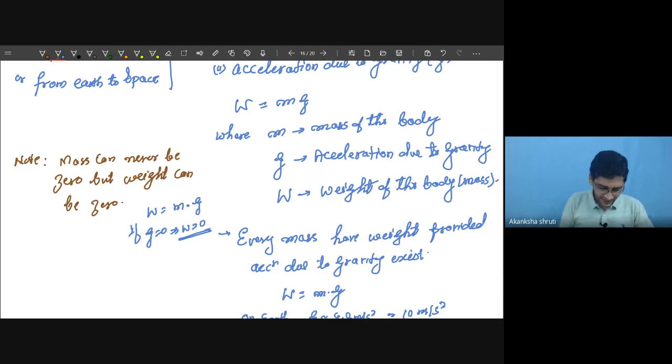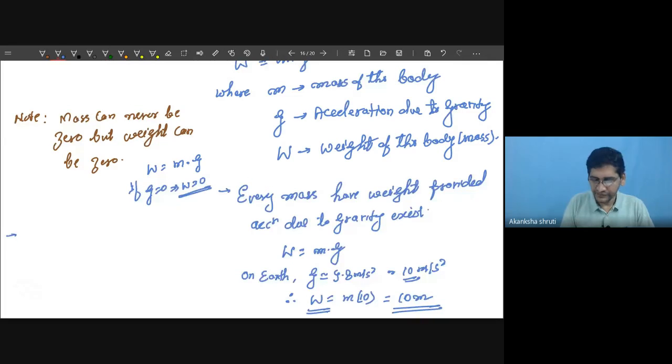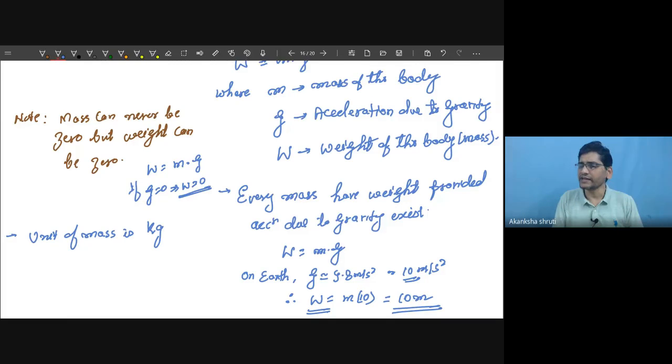Okay. Now coming to the other thing, coming to the unit. So the unit of mass is kg. Good. Whatever quantities we started with in physics, say kg, meter, second, the mass, distance and time, those were the basic quantities. So the same mass we are discussing here.